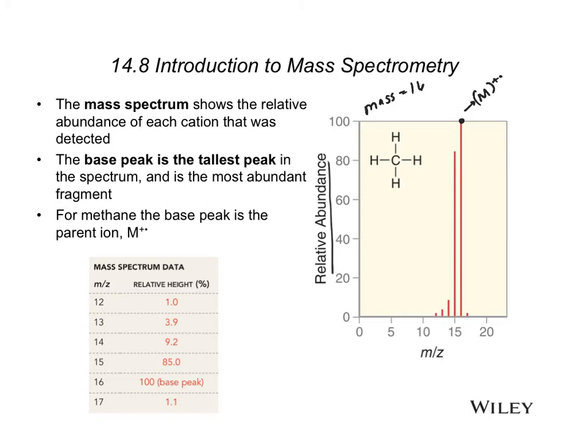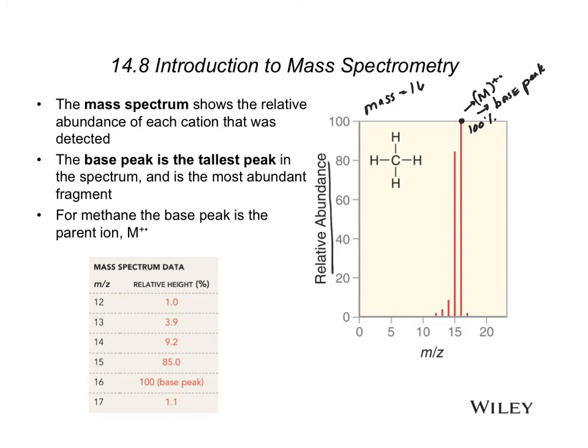Whatever the tallest peak in our mass spectrum is, we call the base peak, and it's defined with a percent abundance of 100. Everything is measured relative to it. So for this molecule, the molecular ion is the base peak. It's the most plentiful fragment that gets through.